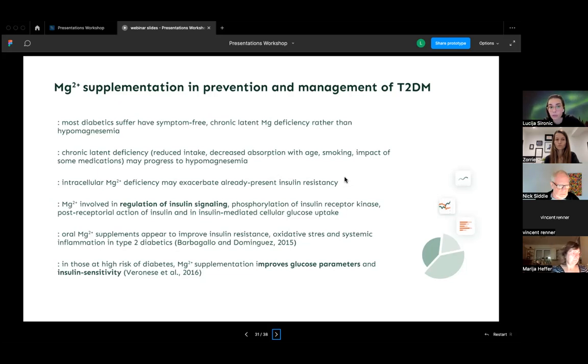Some of them might progress to have hypomagnesemia because if you don't supplement that magnesium, inside the cell its levels will go even lower. And the reason that's important is because that intracellular magnesium deficiency may exacerbate already present insulin resistance.